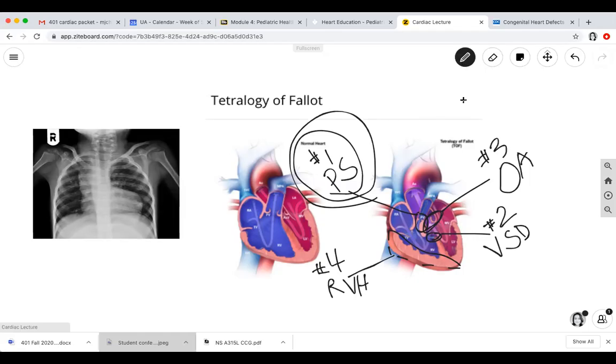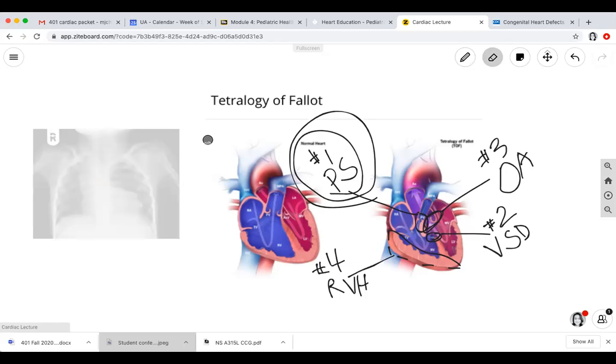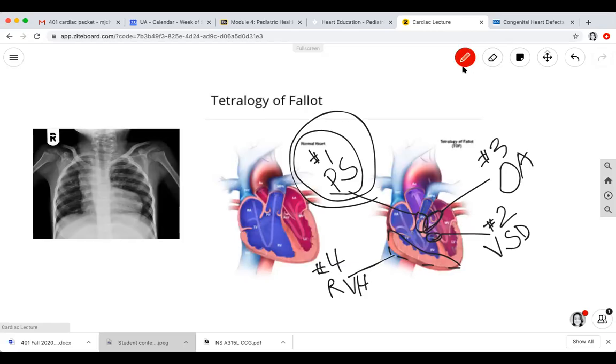Hold on, let me try again. It's usually more like something like that. But in this scenario, you have this boot, and what causes that boot shape is this right here. What do you think causes this?